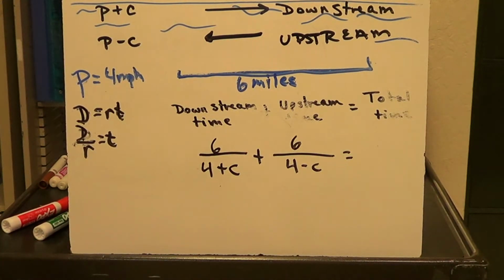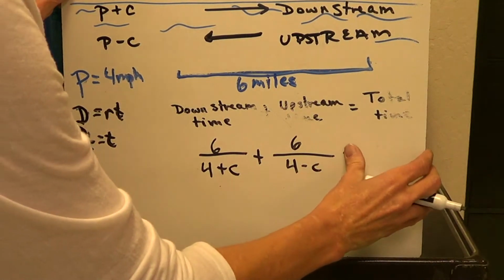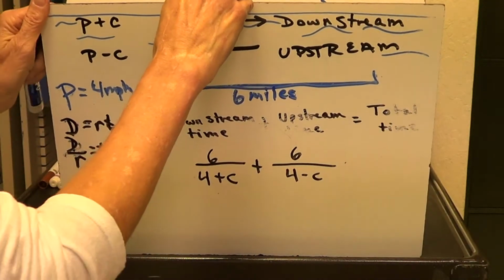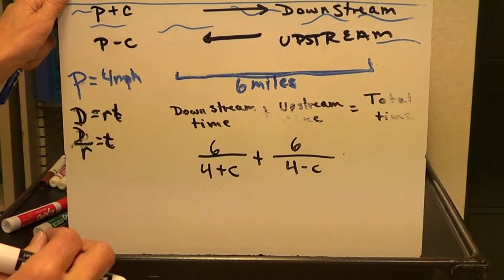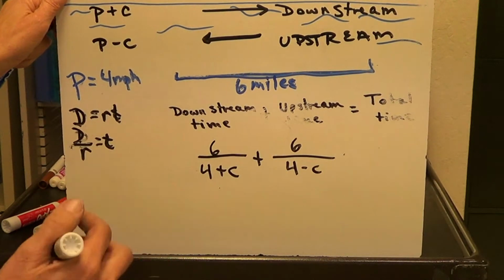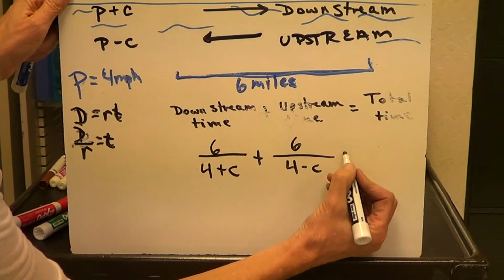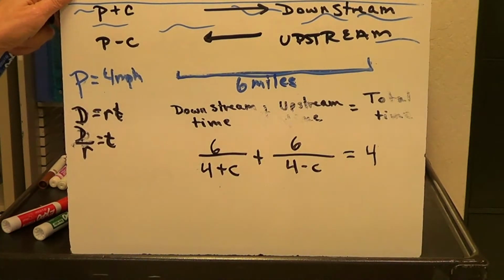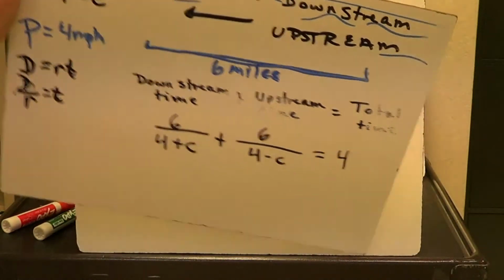Now this will equal our total time. We don't know what that total time is, so that's what we're trying to calculate out. Actually, we do know. Yes, the problem tells us that we want to spend 4 hours on the river. Okay? Sorry, I didn't have that in the initial stuff.